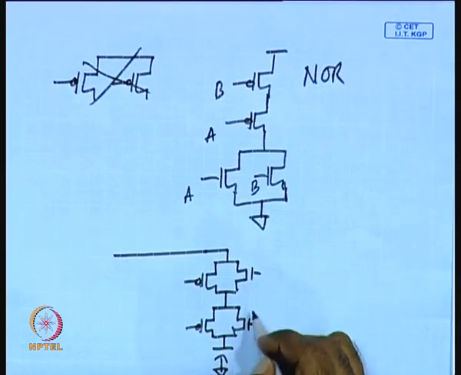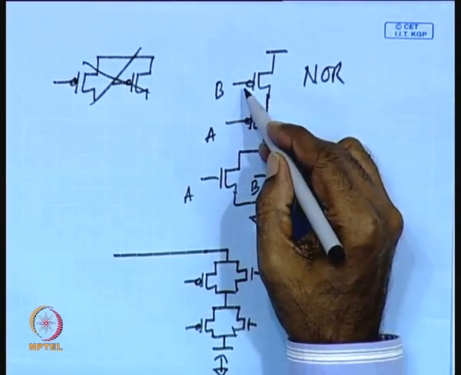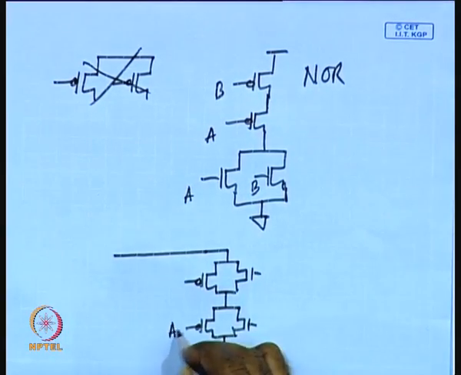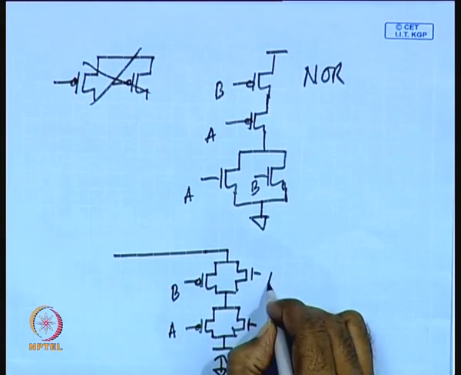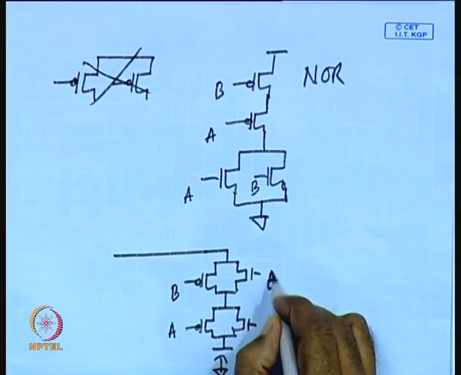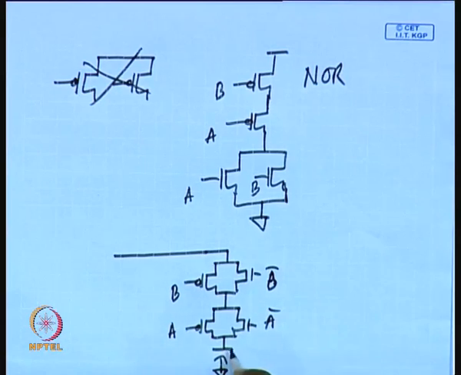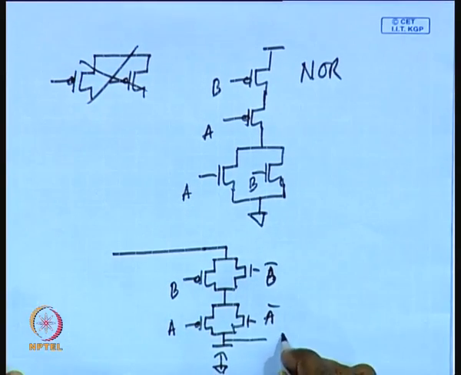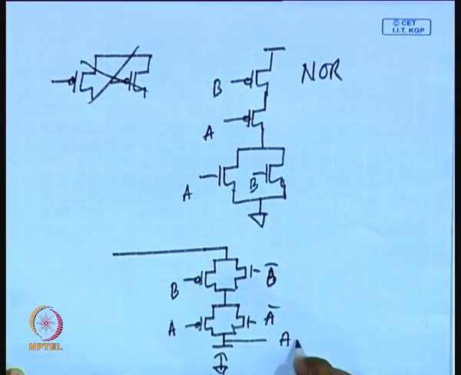And what will be the inputs? Here you have applied A and B, so you will have A and B, and here will be B bar and A bar, and here you will get the NOR output, that means A or B bar.